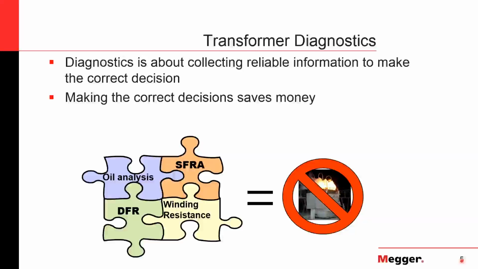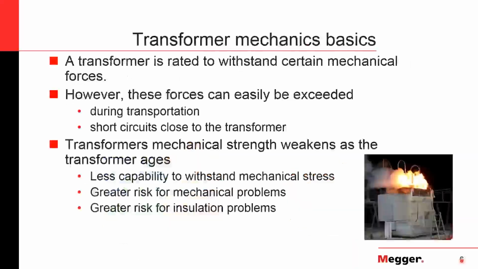So it's really just another piece in the puzzle with SFRA, DGA, dielectric frequency response, winding resistance, different things you can do to figure out what's going on inside your transformer and how healthy it is. So SFRA is just a piece of that puzzle, but it's nice because it gives you a variety of information about that transformer. And really, why do we test transformers?